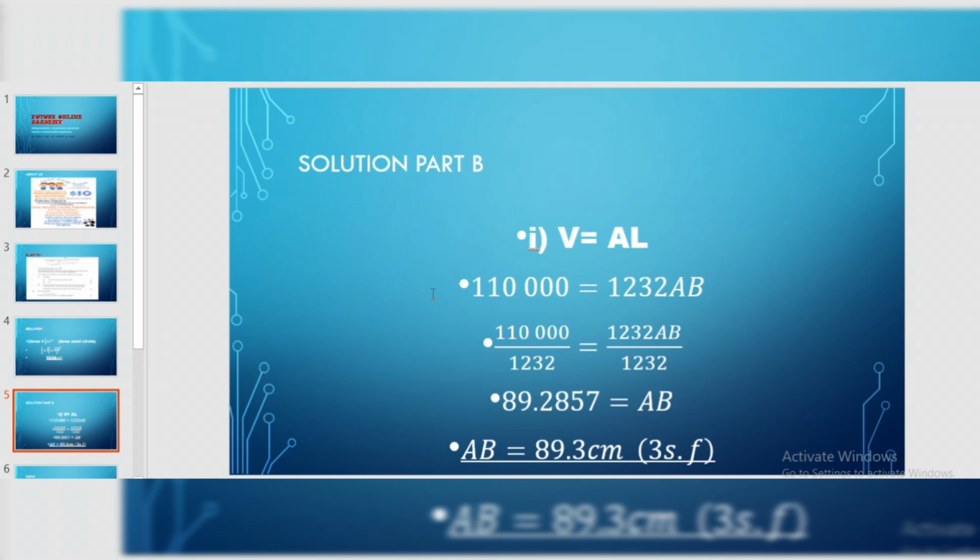It will be 110 times 1000, then you get 110,000 cubic centimeters. Then you equate to 1232 AB. Then you divide both sides, you get your answer as 89.2857 for AB. Using your calculator, convert that answer to 3 significant figures, then you get 89.3 centimeters. Getting that answer, we are going to move forward.